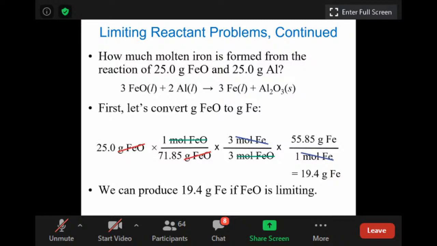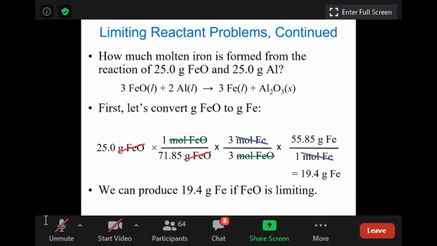We're given from the reaction of 25.0 gram FeO, put another box there. In that box, you put 25.0 gram. Then put a box on aluminum and put 25.0 in there. We're not going to be bothered with aluminum oxide, so we know what we're dealing with. We are making molten iron. That's our goal.